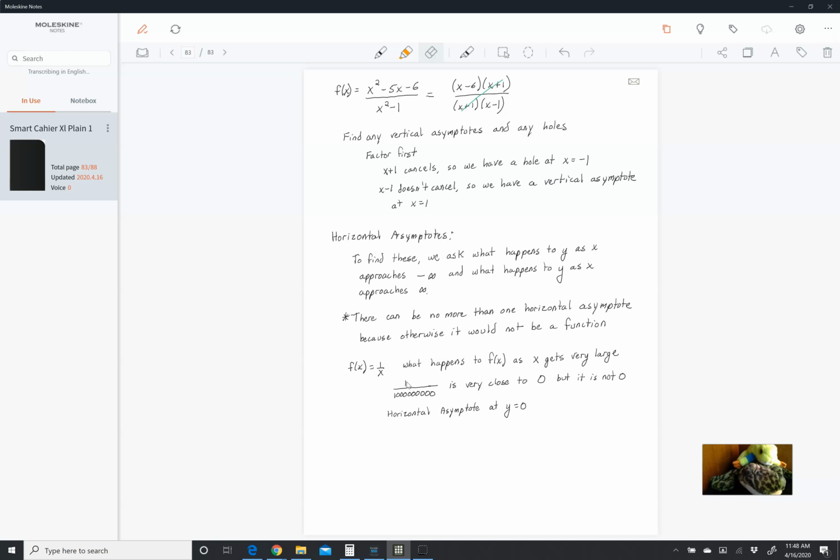Let's take another example. Let's say that we have f of x is equal to 1 over x squared. Well, we're asking ourselves the same thing. We're saying, well, what happens to f of x as x gets very, very large? Remember, f of x is like y. Well, as x gets really, really large, we have 1 over a very, very large number.